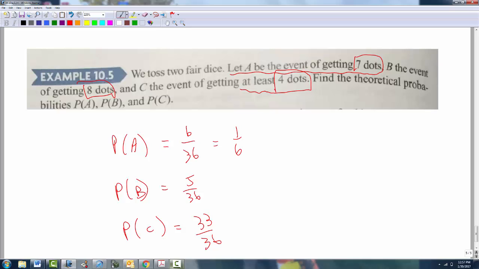The remaining is what actually the answer is. So there's 3 that are not a sum of 4, they're less than 4. 1, 1. And then the 1, 2 and the 2, 1. So it's 33 out of 36, which is 3 goes into 33. 11, 12. So I got it. Let's lock it down.